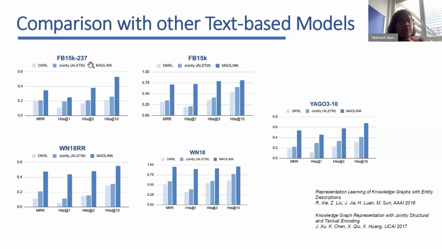And FB15K-237 removes these kinds of symmetric and inverse relations, so there is no information leakage present. It's the same case with WordNet18RR, but YAGO3-10 was already built in a way that it was keeping these kinds of relations.